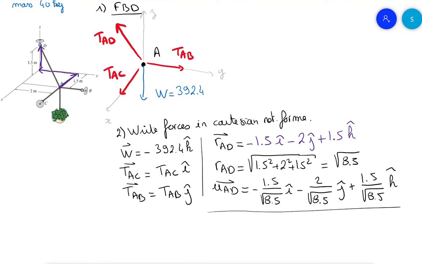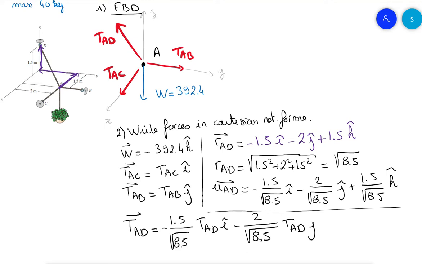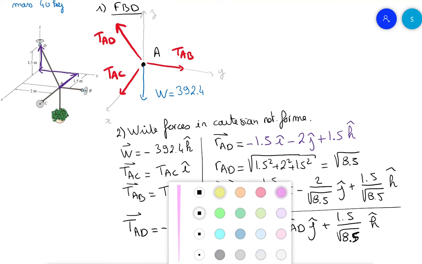So now that we found the unit vector direction, we can write TAD as its magnitude times the unit vector: minus 1.5 divided by square root of 8.5 TAD on i hat, minus 2 divided by the square root of 8.5 TAD on j hat, and plus 1.5 divided by the square root of 8.5 TAD on k hat. Here we go.